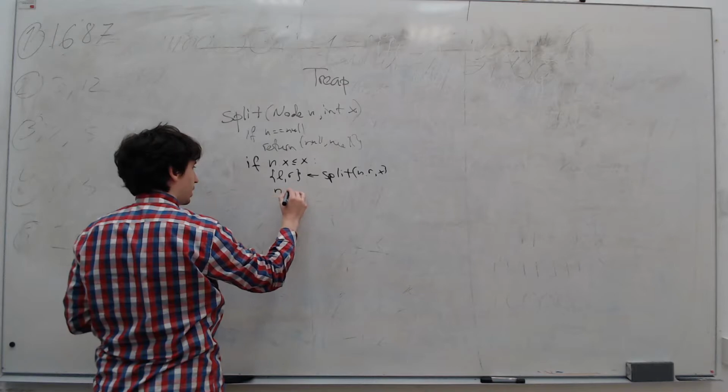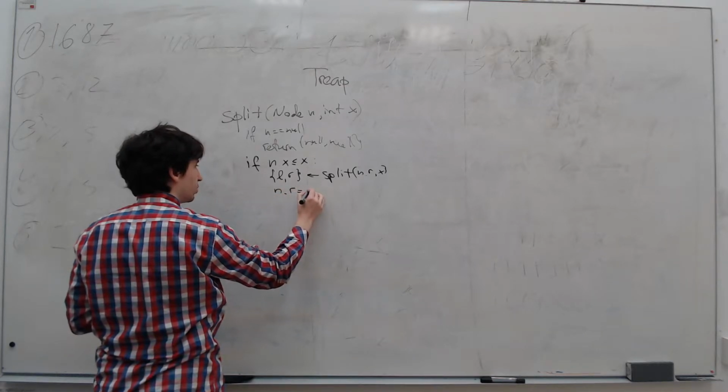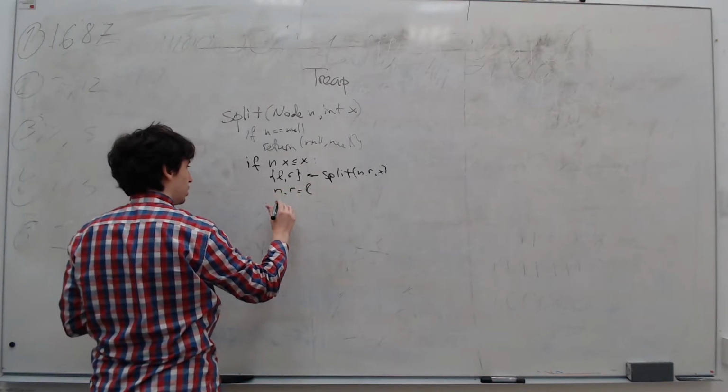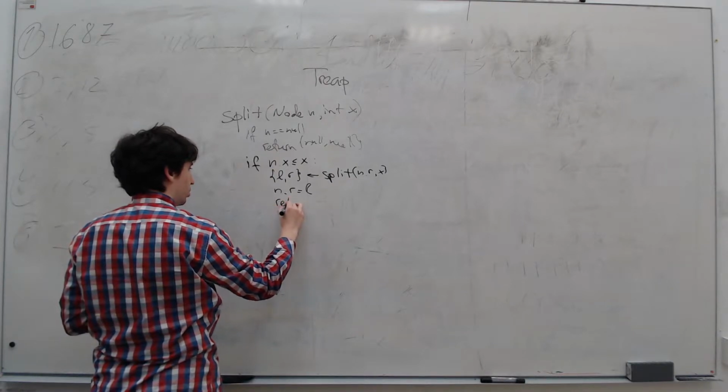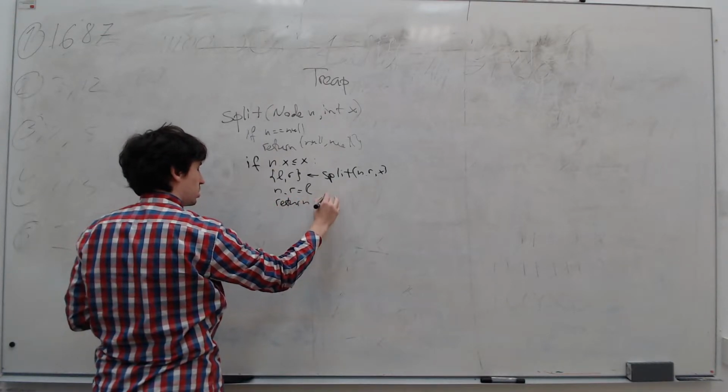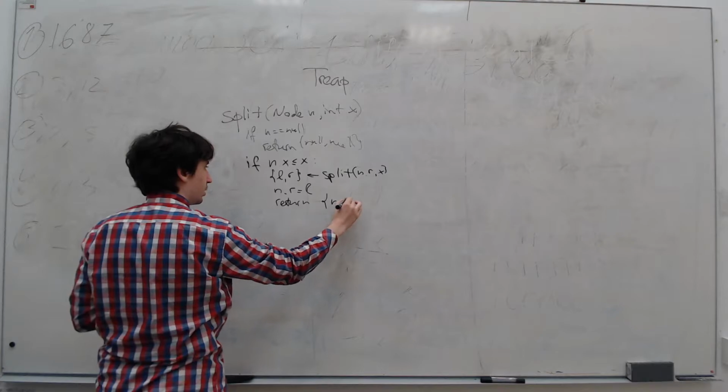We say n.r equals left, and we return n and r.